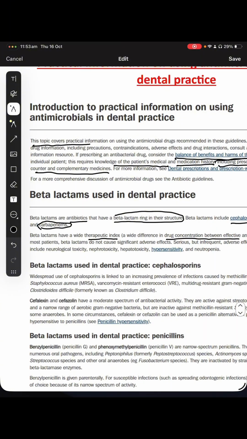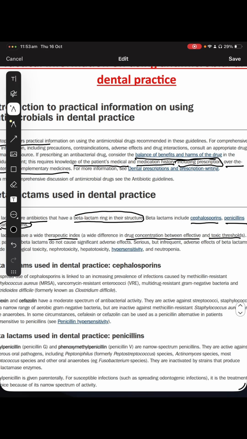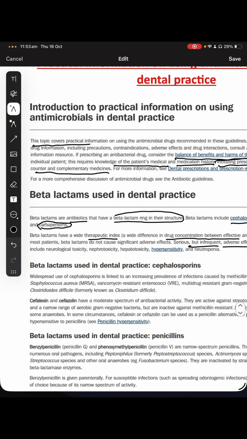In most patients, beta lactams do not cause significant adverse effects. Serious but infrequent adverse effects of beta lactams include neurological toxicity, something in the brain, nephrotoxicity related to the kidney, hepatotoxicity related to the liver, hypersensitivity reactions, and neutropenia.